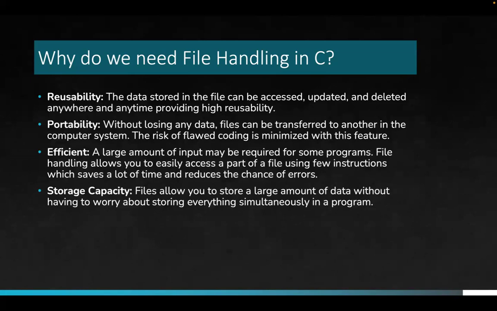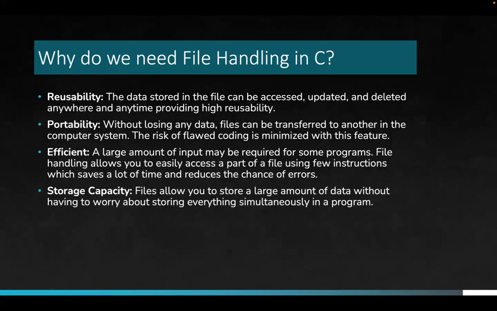But if you have many changes to incorporate in the file, it is very difficult to change them, right? So for that purpose, file handling through C programming can be used, where you can access the file and read the contents, and wherever you need to modify, those can be modified with high reusability. The same thing can be performed across all the files in any directories. That is the first one.